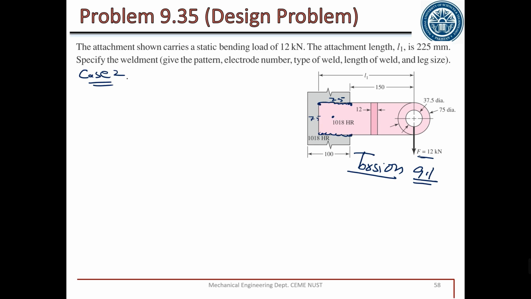For area, if you go to the table, you can just check the area. This is 2 times length into 0.707h. So 1.414 into h into this length, which is equal to 75 mm.